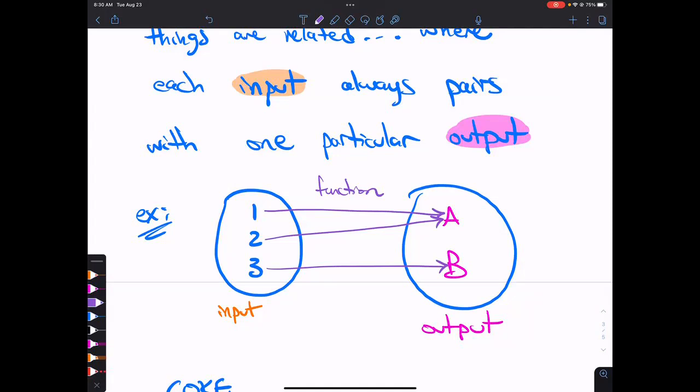What are these? Choices. These are buttons. What are those? Drinks, right? Those are the things that come out. You can have 2 buttons that do the same thing. What we don't want is one button that does 2 things. Does that make sense? You see the difference?